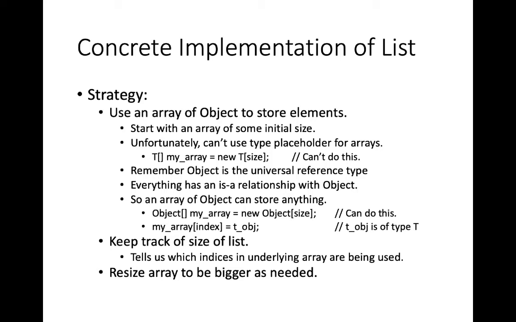If I already filled up this array, then I might as well make an array that's even bigger. So the length of the array is at least as big as my list, but might be bigger. I also have to keep track of which parts of that array are valid, how big my actual list is. So I'm going to need to keep track of the size of my list, and we'll resize the array to be bigger as needed.